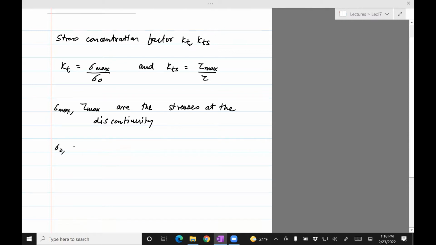And sigma 0, tau 0 are the nominal stresses in the absence of the discontinuity.